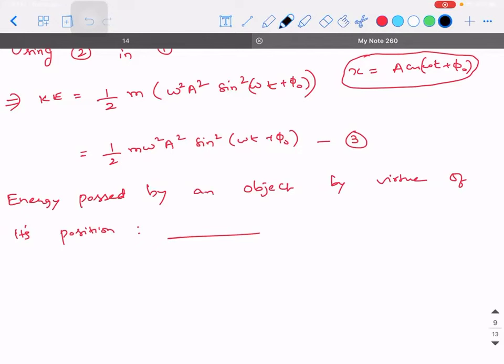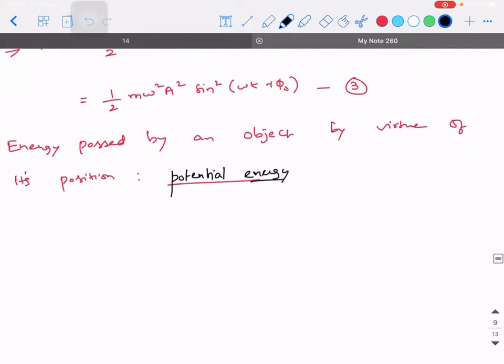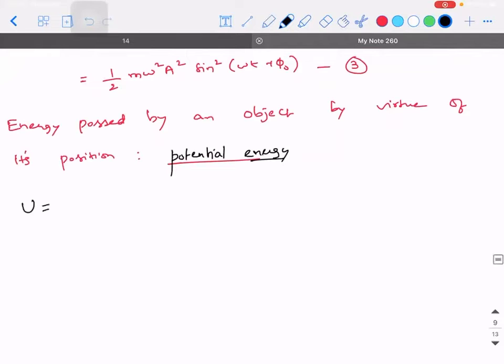Energy possessed by an object by virtue of its position is called potential energy. So here the object has potential energy, and for SHM, don't write the formula as mgh because it will not have gravitational potential energy. It will have elastic potential energy because it is experiencing a restoring force.